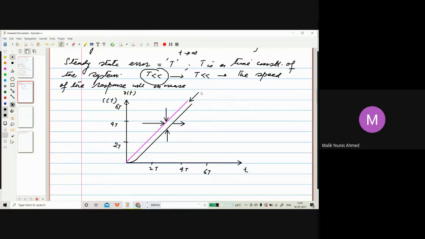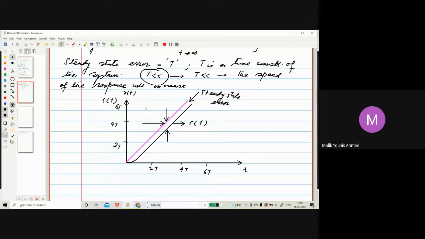Now, after plotting time t versus the response, having given the ramp input, this is a steady state error. The actual response you expect to be like this. This is the actual desired response. Sorry, this is your actual response C of t, what we are getting.